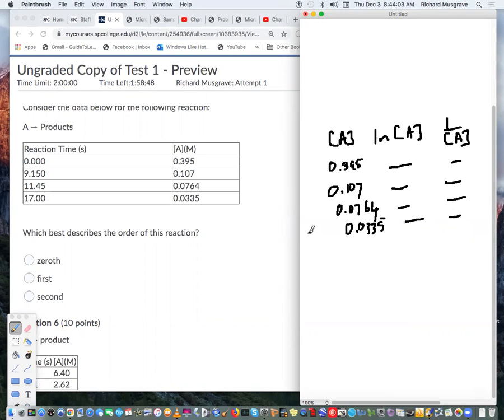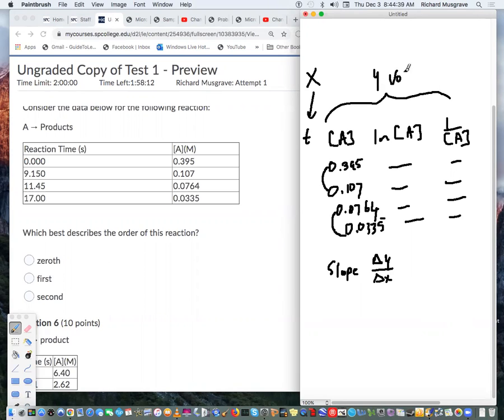And the idea is you want to figure out which of these is going to be a straight line. So what you do is you find the slope between, what I recommended was the slope between the first 2 points and the slope between the last 2 points. And the slope is going to be delta y over delta x. The times, which you already have, they're the x values, and these are the y values.